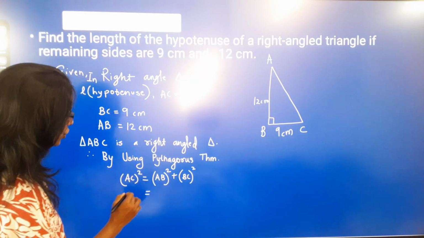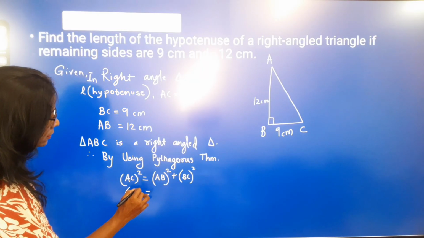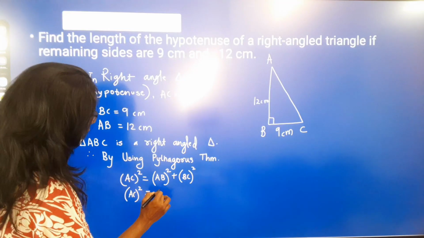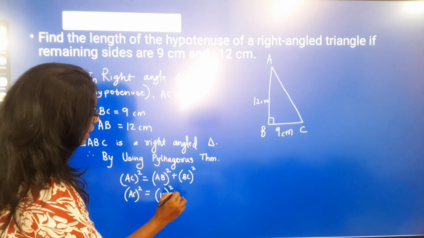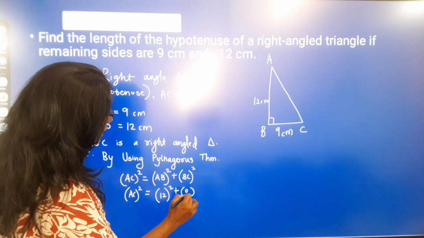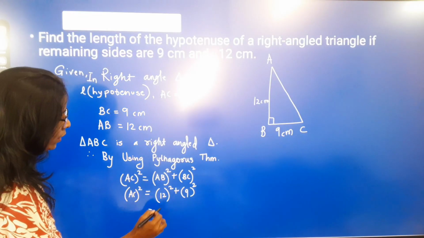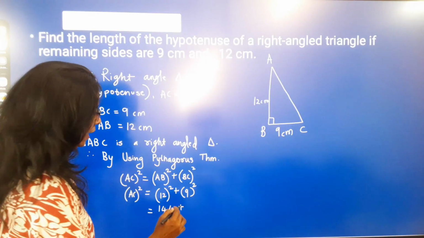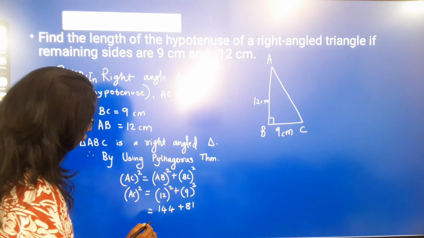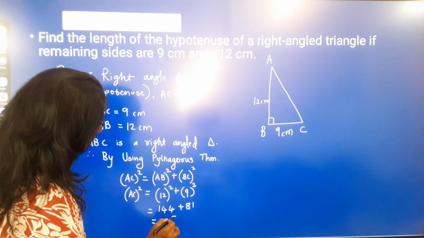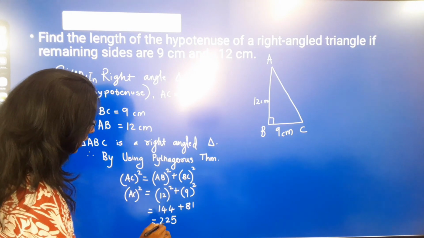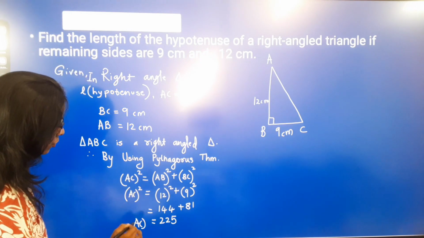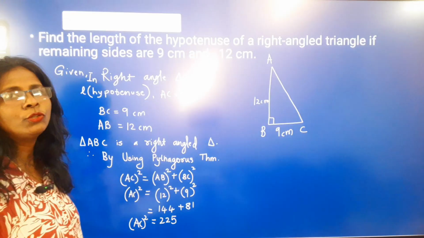So here, substitution: AC square is equal to square of 12 plus square of 9. So now here, square of 12 is 144, and the square of 9 is 81. So the addition of these is 225. Square of AC is equal to 225.